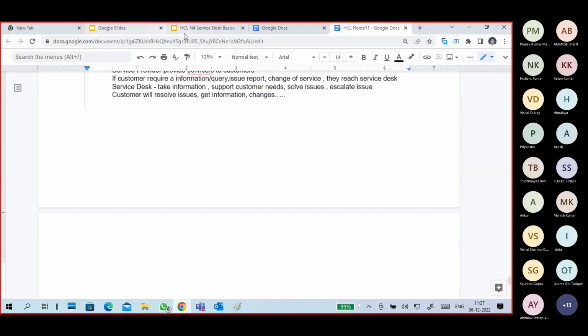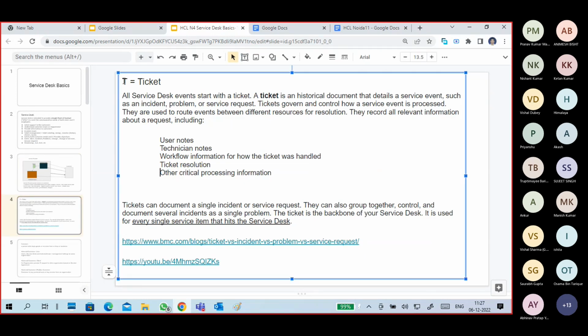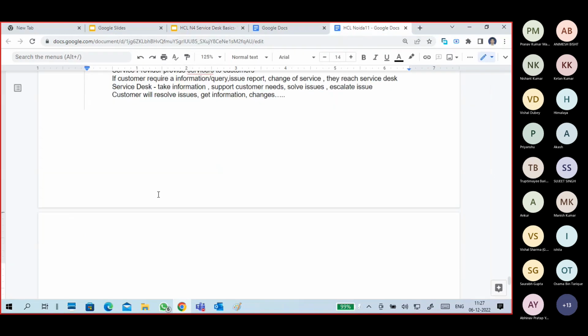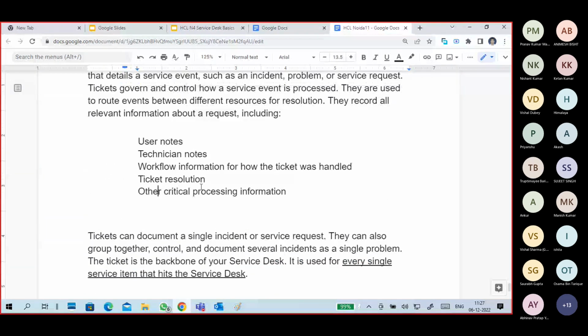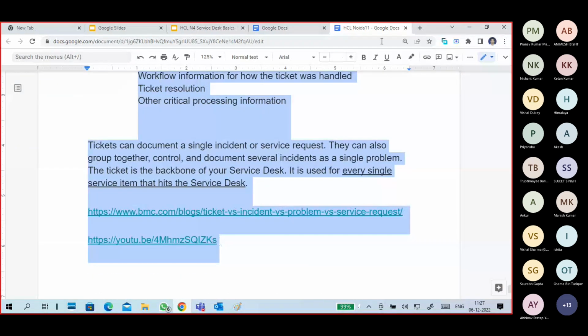Okay, so here we'll discuss what is a small point in the ticket, guys. What is the ticket? So we'll see.